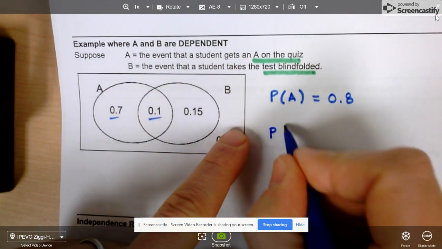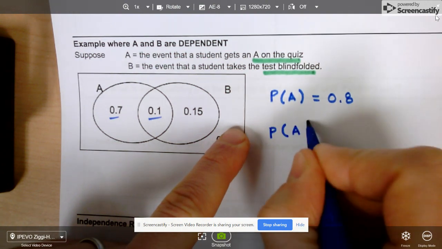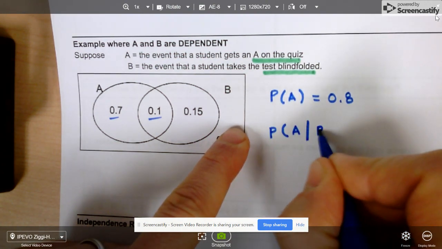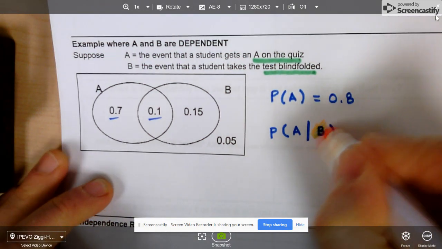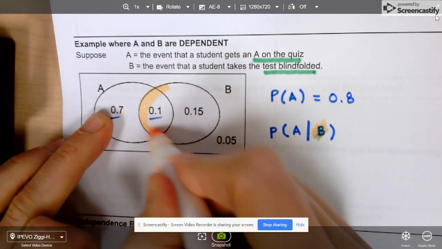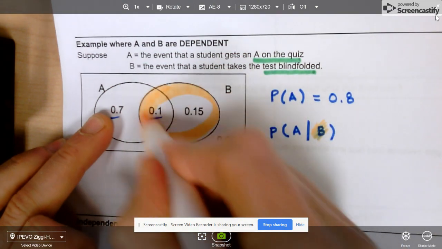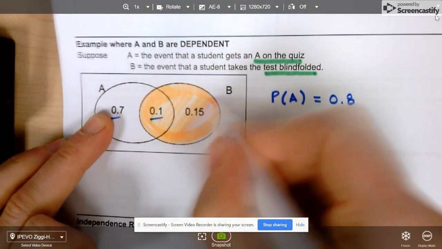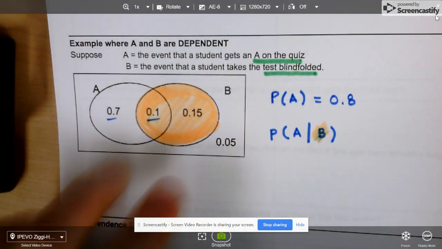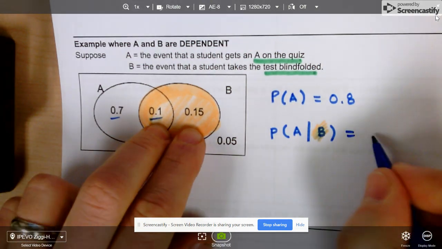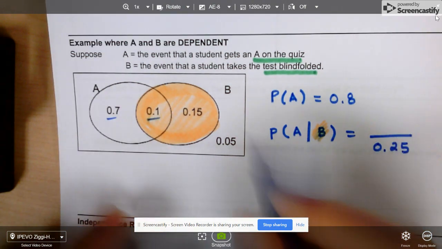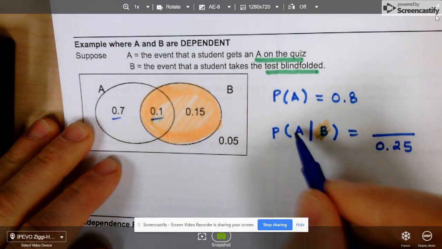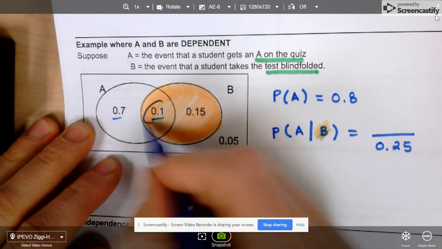The probability that a student gets an A, given that they took the test blindfolded, means that we need to look just at the blindfolded region right here. If we add these two numbers together, we get a denominator of 0.25. This time our numerator is going to be just the part of this circle that got an A. And the only ones that got an A are right here.